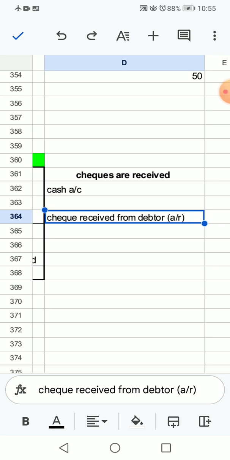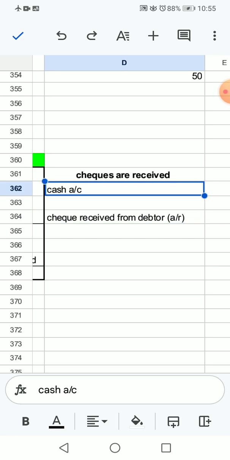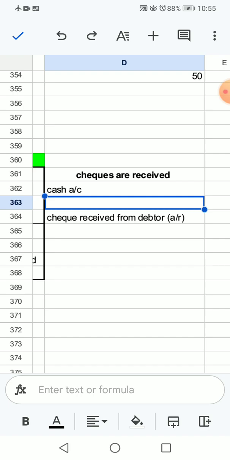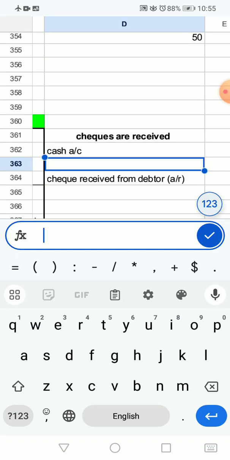Neither amount is going into the bank, nor amount you are withdrawing from the bank. That is why you will not mention bank account over here. What you have done, you have received a check and you will consider it as cash.